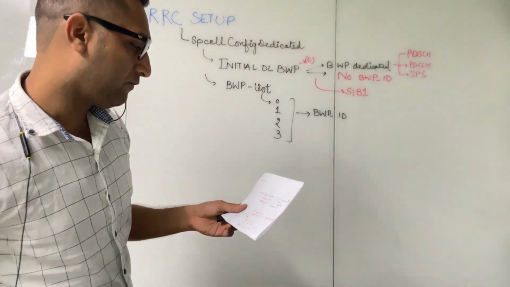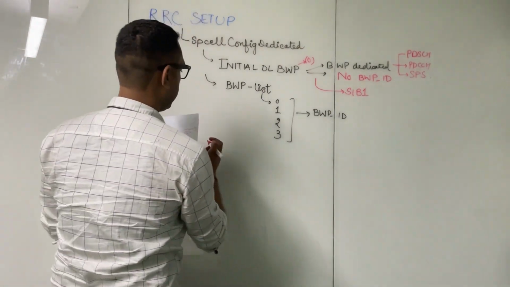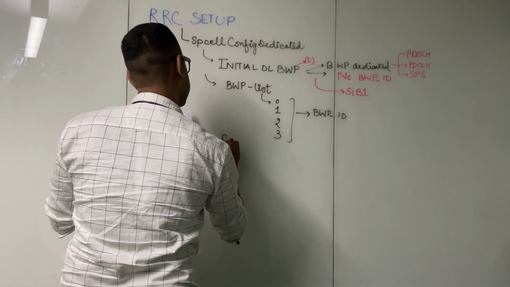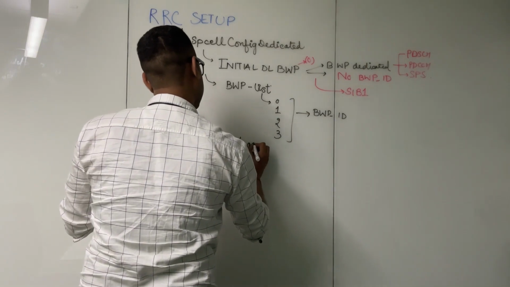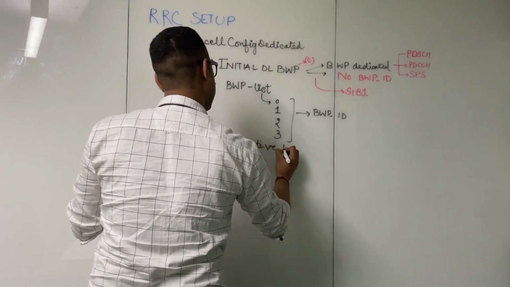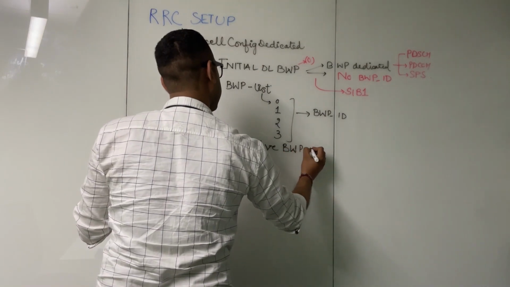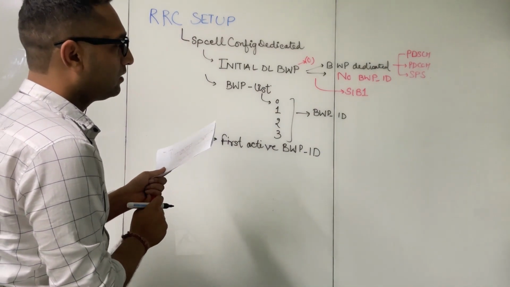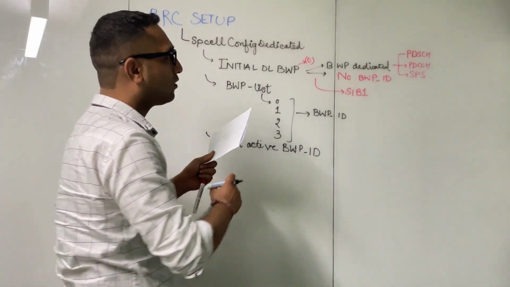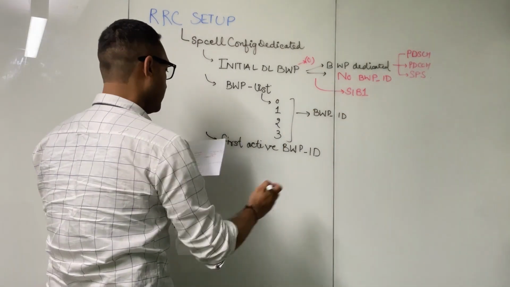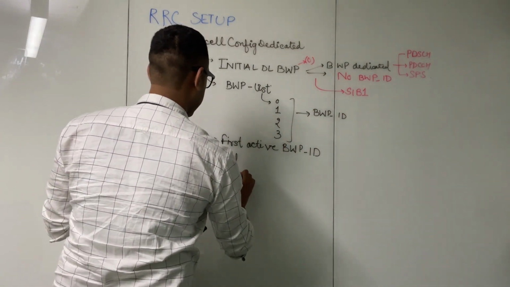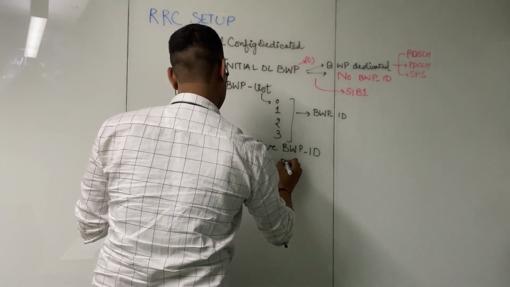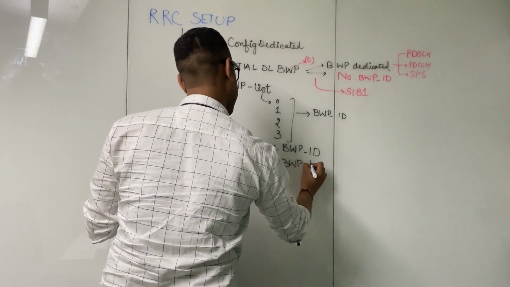And after that we have another important one called first active BWP ID. This does not contain any configuration. This only contains one ID. Similarly, default DL BWP ID.